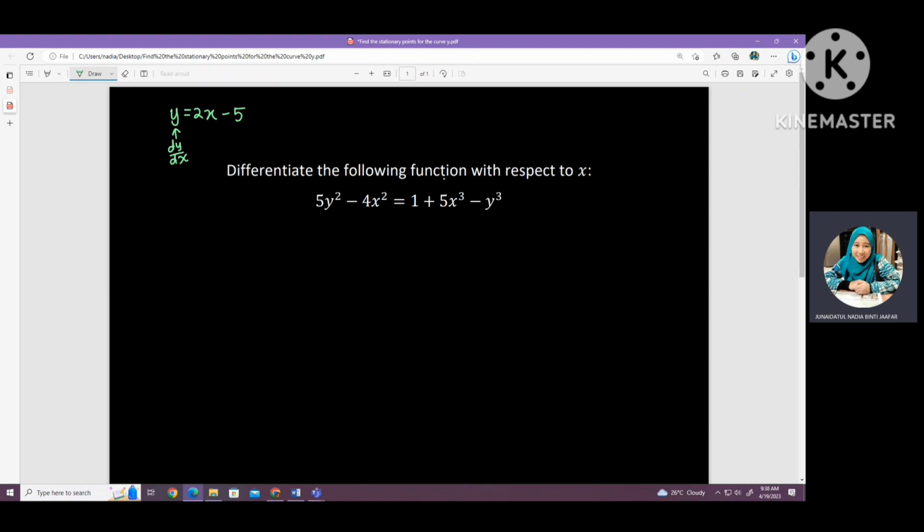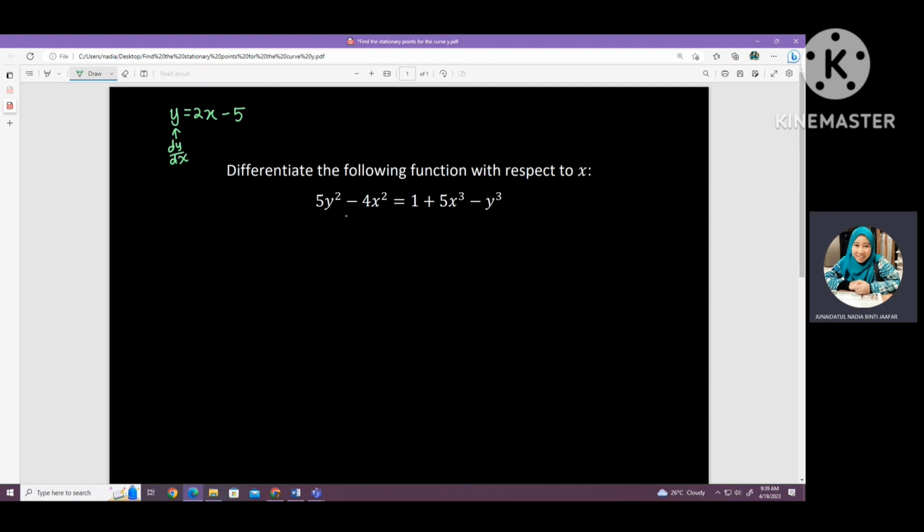Instead, we can use the method of implicit differentiation. Implicit differentiation is used when we differentiate both sides with respect to x, and solve the resulting equation for the derivative of y.